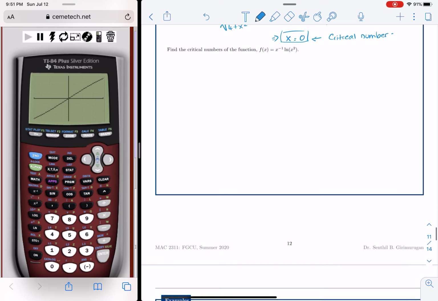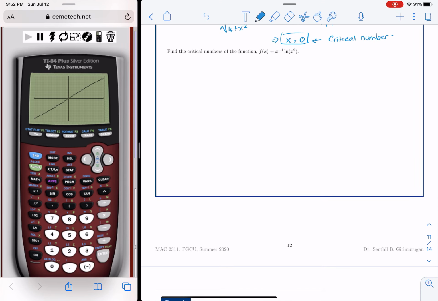So here is another one that involves logarithms. Again, we have to use the product rule, or we could do the quotient rule. So let's try to rewrite this. We could rewrite x raised to negative 1 as 1 over x multiplied by ln of x squared.